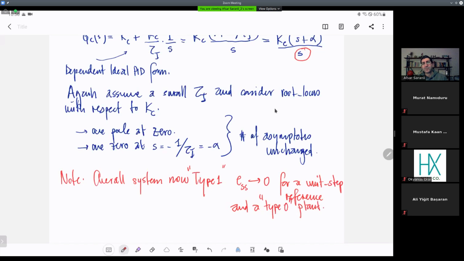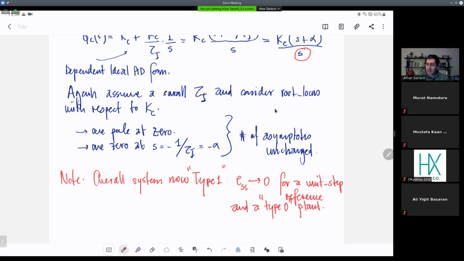A type 0 plant is often also called a self-stabilizing plant, a plant which doesn't itself have an integrator. Sometimes you may have a plant which already has an integrator, in which case you don't need an integral controller because the denominator s is already there.